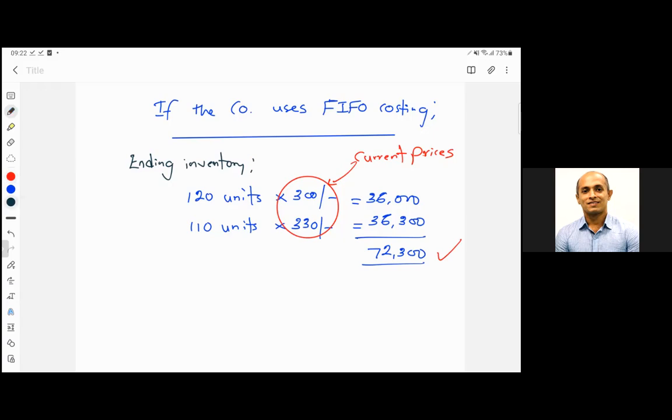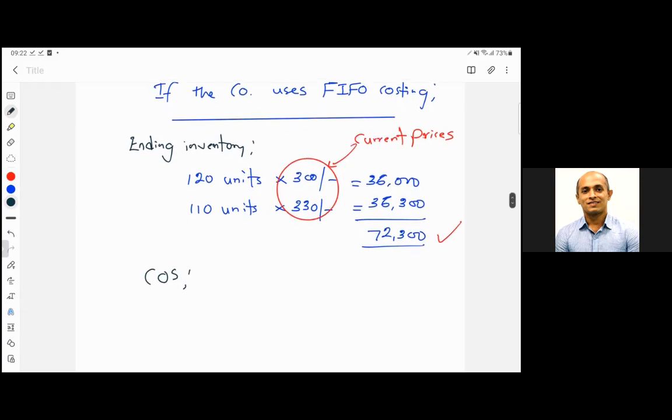Then you calculate cost of sales. You have sold 100 units, so you have to value them at the old price. Here the old price is 250, so 25,000.